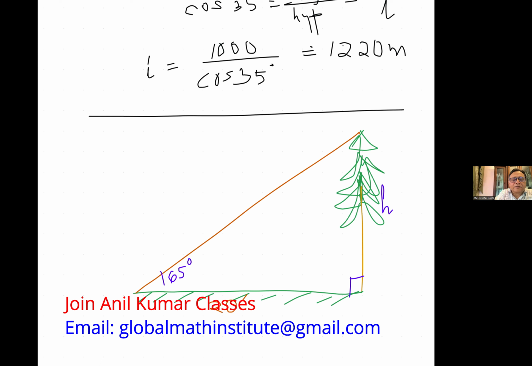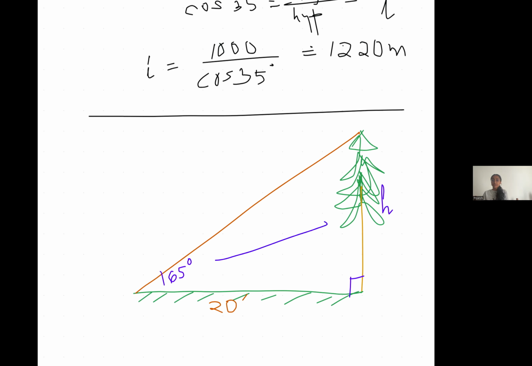I know that tangent uses the opposite and the adjacent, so I can use tan 65 equal to h over 20. Therefore, h is equal to tan 65 multiplied by 20. I'll just work that out using my calculator.